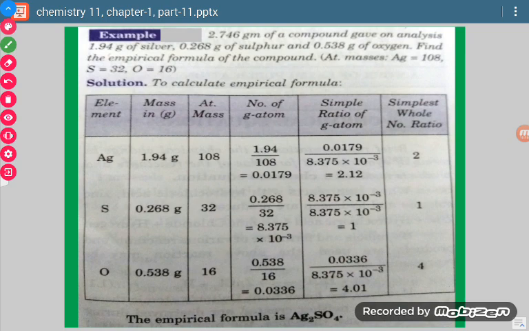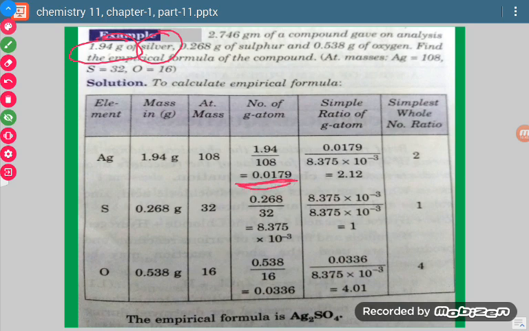Now see, here we can do it this way, that we can calculate the number of moles. How do we calculate the number of moles? See, this is the mass of silver. If we divide this mass by the atomic mass of silver, then we will get a number.